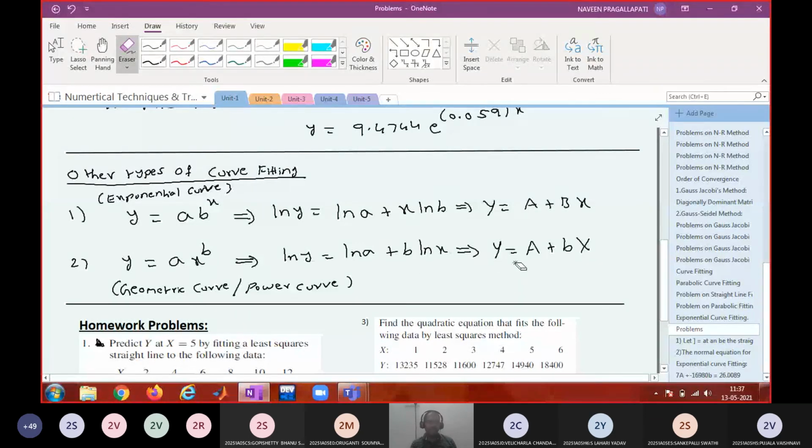You can call it capital Y equal to capital A plus b into capital X. In this case you have to prepare columns: xi, yi given, log xi, log yi, log xi whole square, and log xi into log yi. These two curves are not there in your syllabus. But in case you want to fit a curve of this form, you can write down the normal equations accordingly to the transformation given.